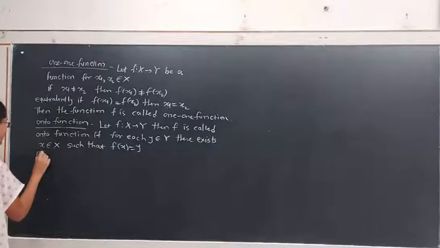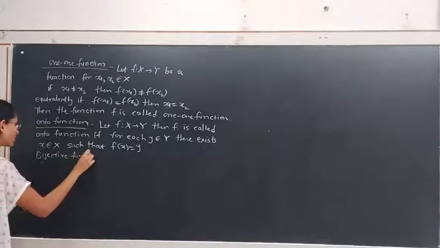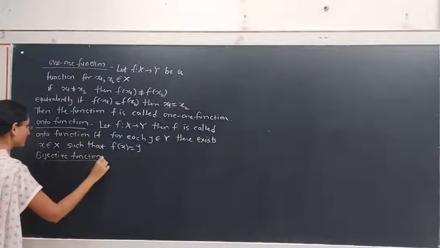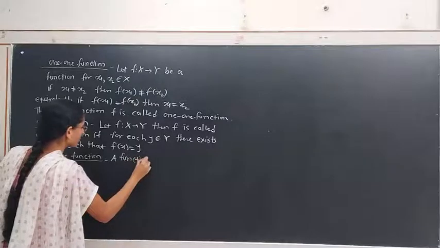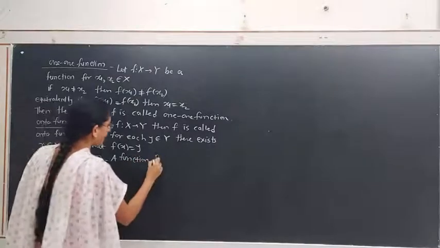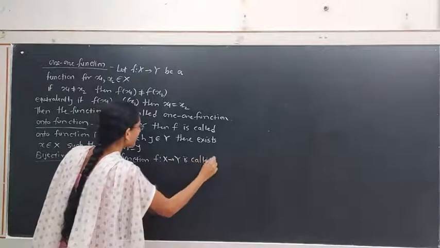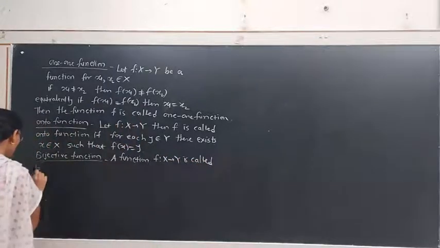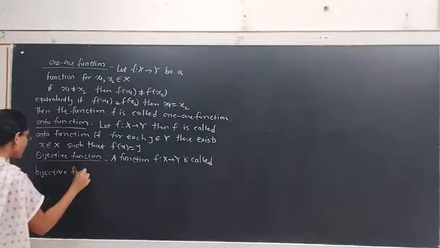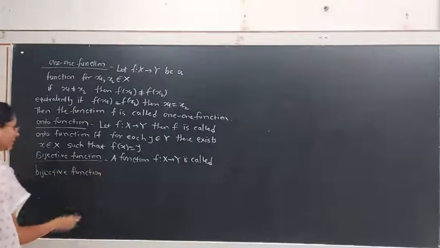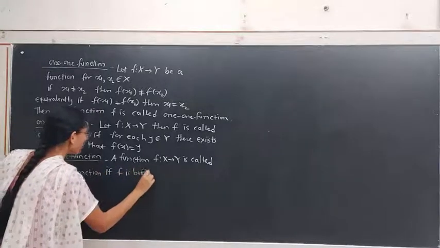And bijective function. A function f from X to Y is called bijective function if f is both one-one and onto.